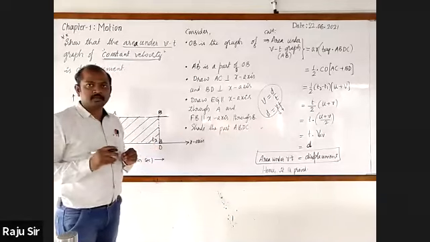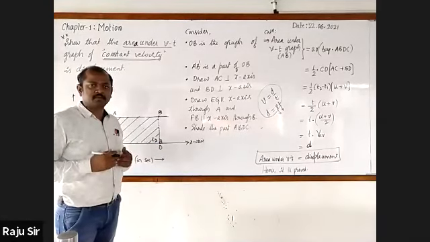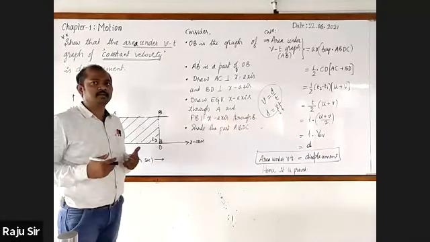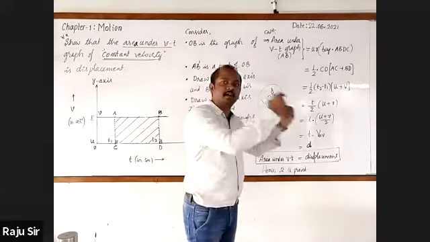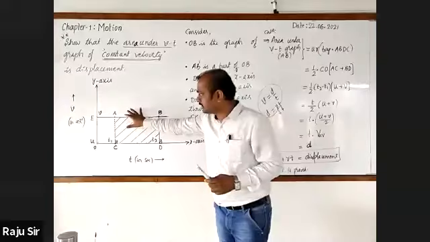Just listen. Just observe here. It's my initial position. What is my velocity here? 0. I'll start moving. After that, I'll keep on moving with a constant speed. Here also we have considered the same.